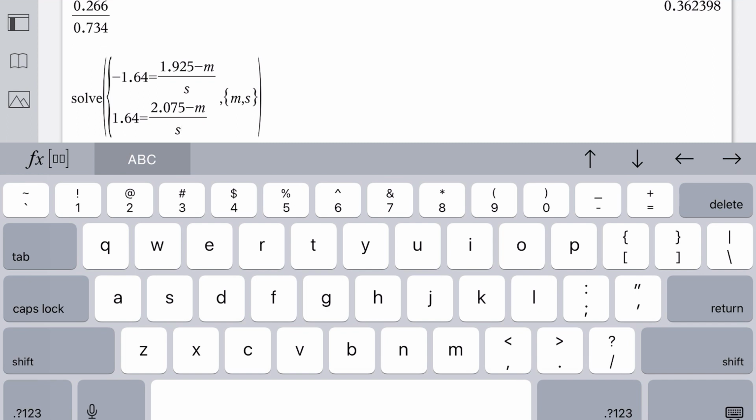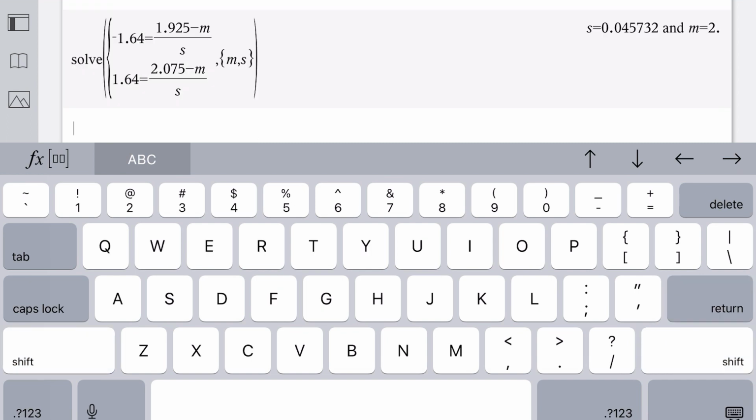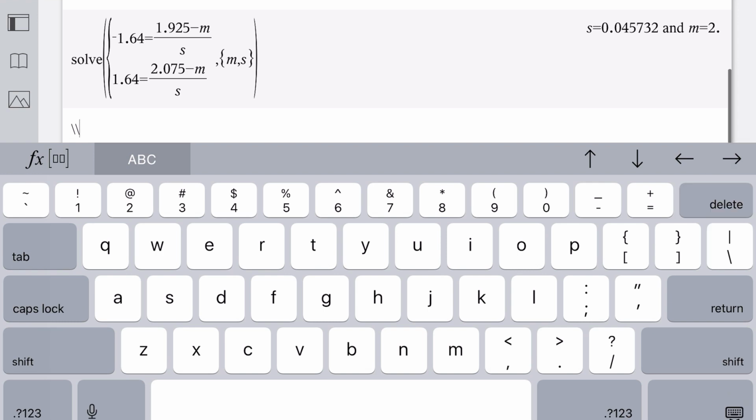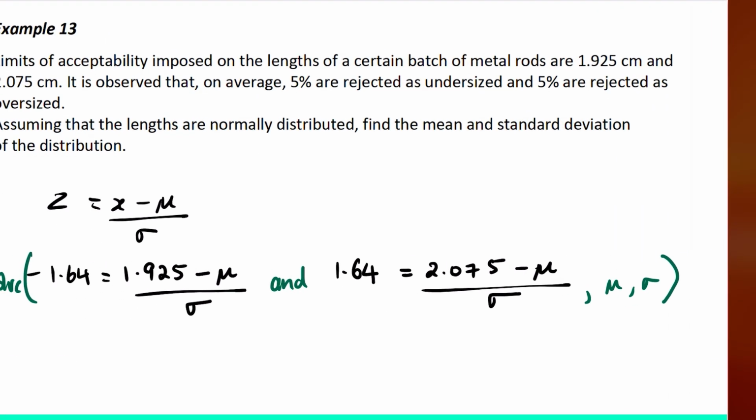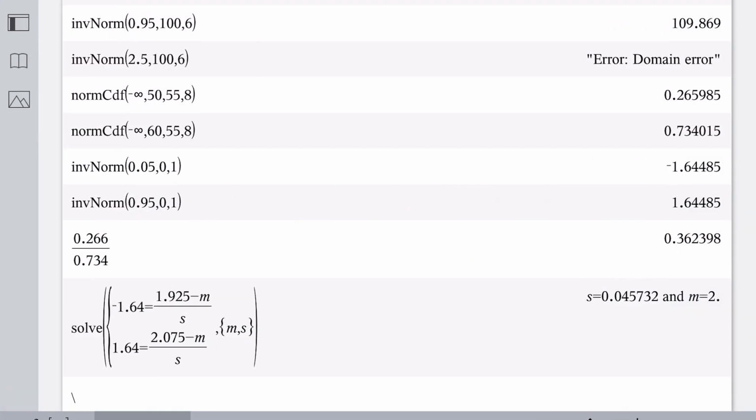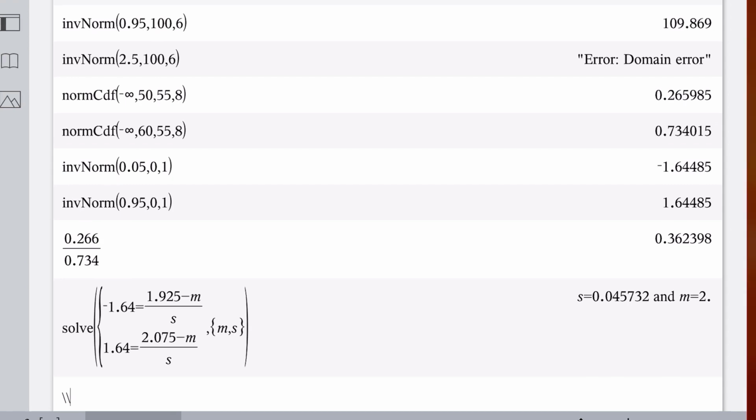When you press enter, hopefully it gives you a really nice answer. So we've got the standard deviation is 0.0457 and the mean is 2. Again, I'll try and remember these numbers. The standard deviation, I've already forgotten it, 0.0457.